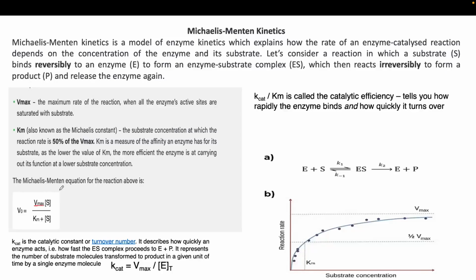You can identify certain parameters for the enzyme through this equation. This is Michaelis-Menten kinetics, a model of enzyme kinetics which explains how the rate of an enzyme-catalyzed reaction depends on the concentration of enzyme and its substrate.